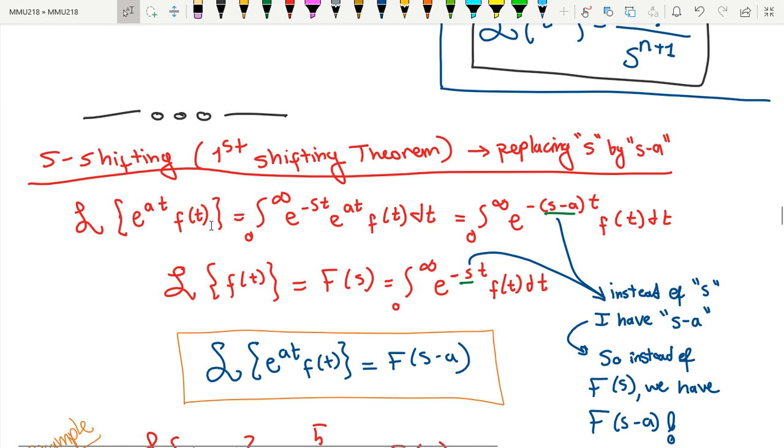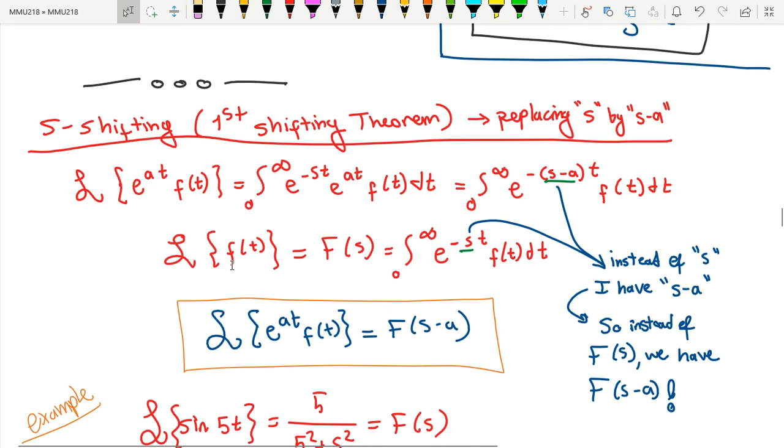So let's see if this is really corresponding to an s shift. The integral that I have to write is e to the power at times e to the minus st f of t. So I'm keeping my function here, f of t, and that's going to be e to the minus, that I can rewrite like a minus s, but that's equivalent to minus s minus a t, okay?